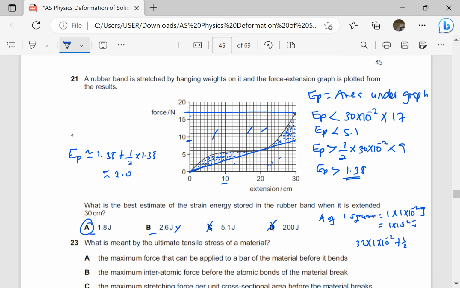Approximately 50, I'll just say times 50. I'm multiplying by half because they are not full squares, then times 1 times 10 power negative 2.